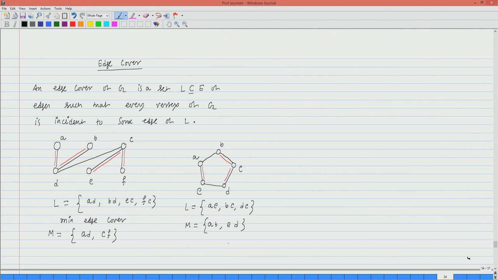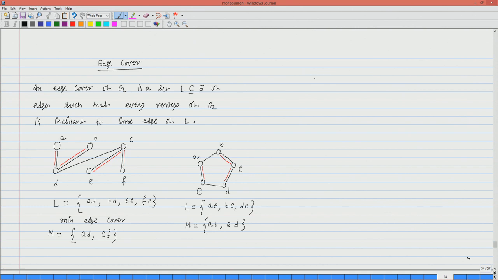Now, the question is how the size of minimum edge cover and the size of maximum matching are related. So, we look at one theorem in this regard.